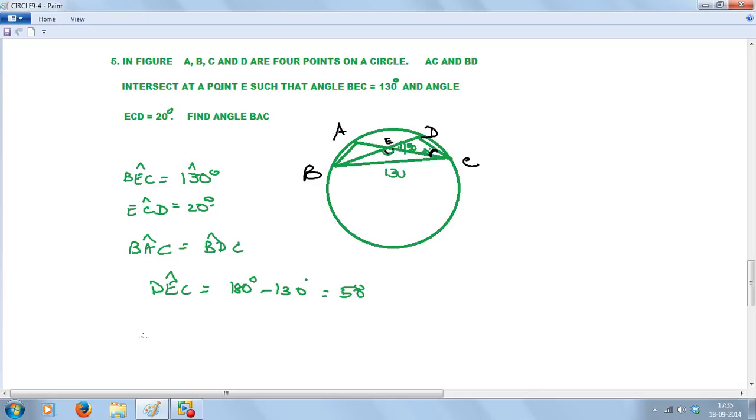We don't know BDC. Therefore, angle BDC is equal to 180 degrees minus DEC minus DCE, which is 180 degrees minus 50 degrees minus 20 degrees, equal to 110 degrees.